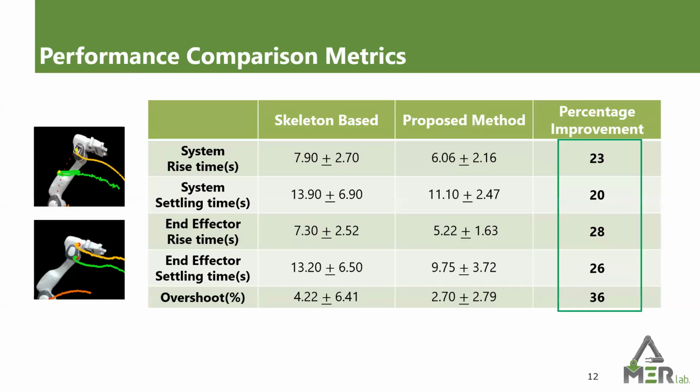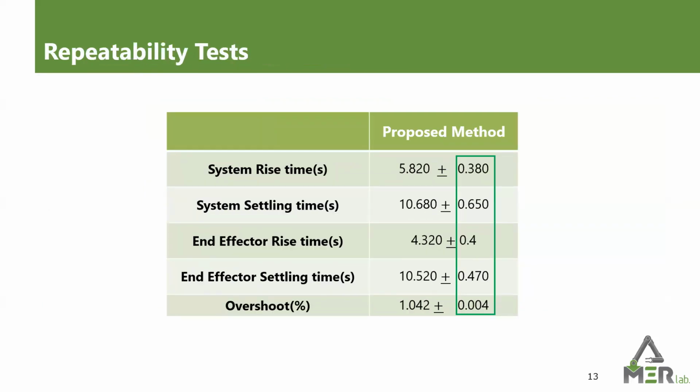We measured rise time, settling time, and overshoot as our performance metrics for both proposed and existing methods and observed a minimum of 20% improvement in all the categories in our proposed method. To assess the repeatability of our proposed method, we repeated 5 experiments for the same initial and reference configuration. The measured variance is negligible.